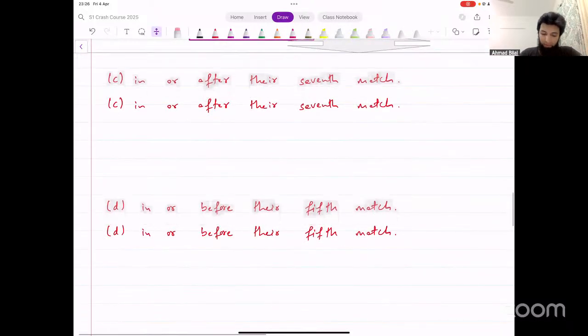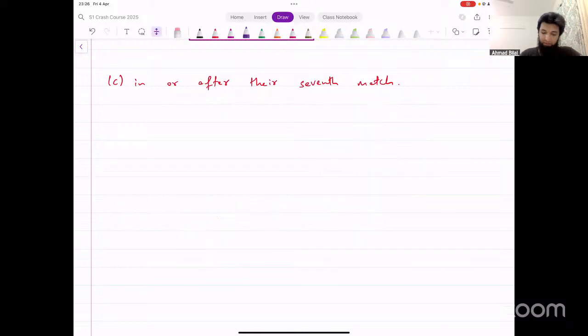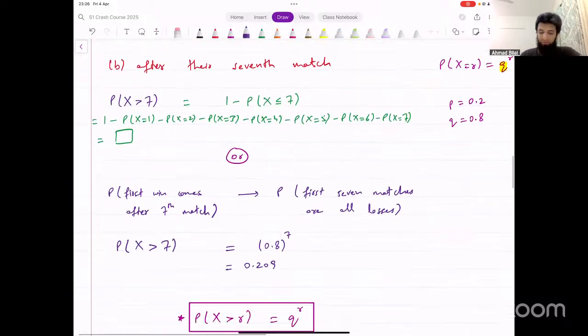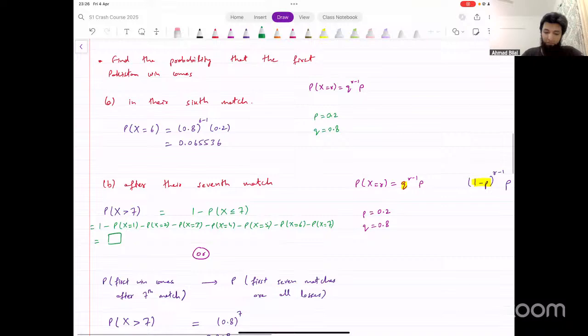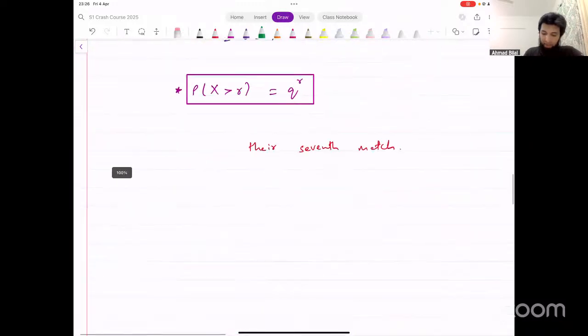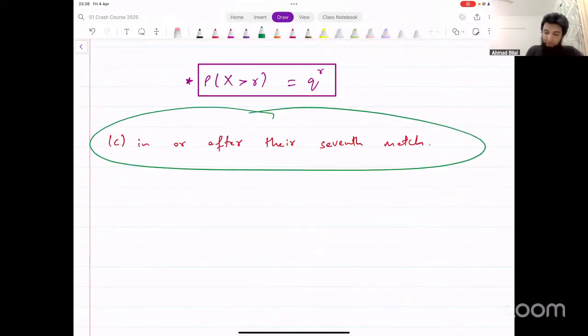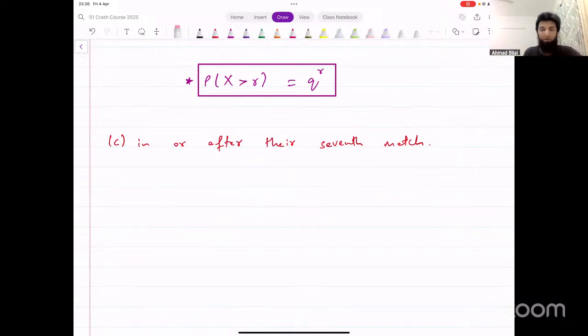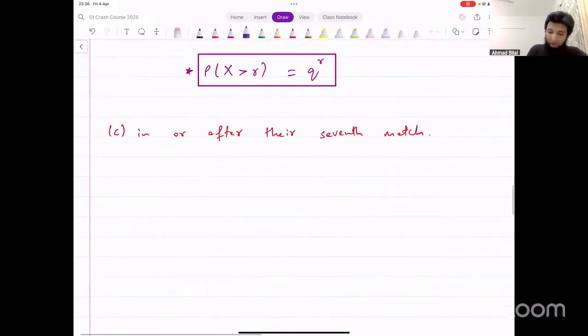What if they say the first Pakistan win, the first win comes in or after the 7th match? In or after the 7th match. Okay, how do you understand that?